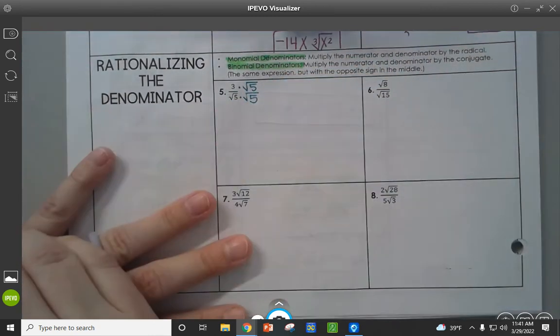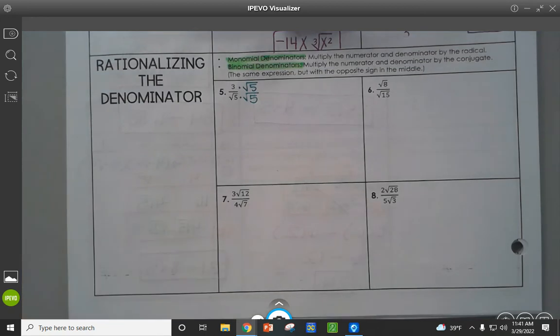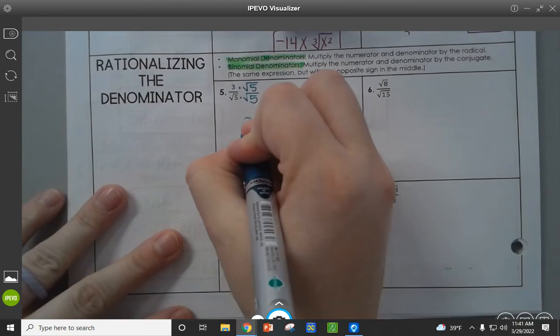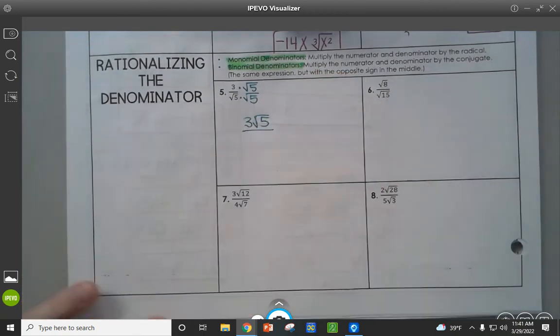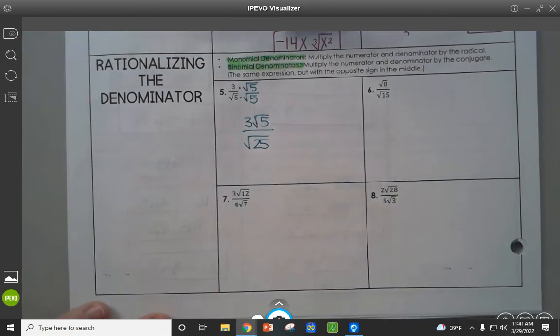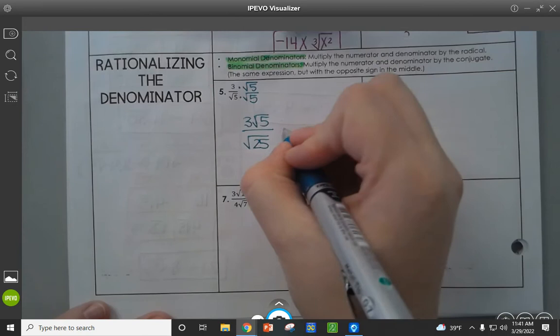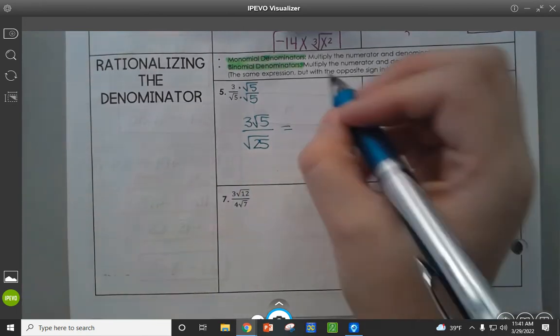So what is 3 times the square root of 5? One's outside, one's inside. You can't do anything with those numbers. So it's really 3 square root of 5. What is the square root of 5 times the square root of 5? The square root of 25. They're both under the square root, so you can multiply those. Well, what is the square root of 25? 5.